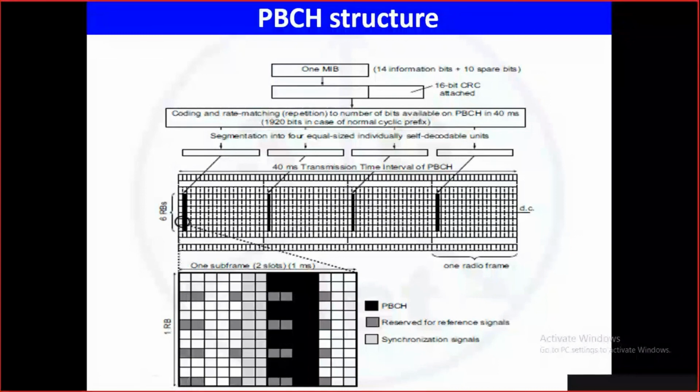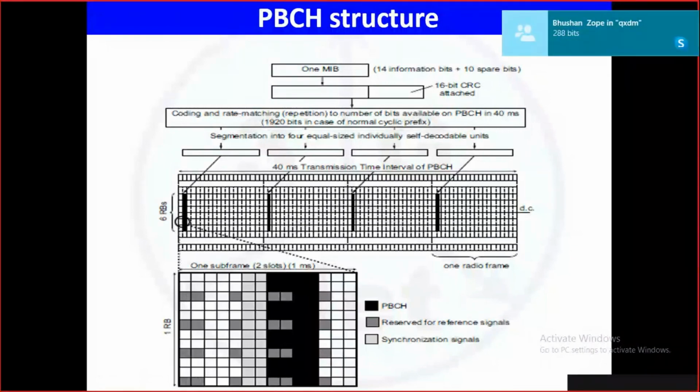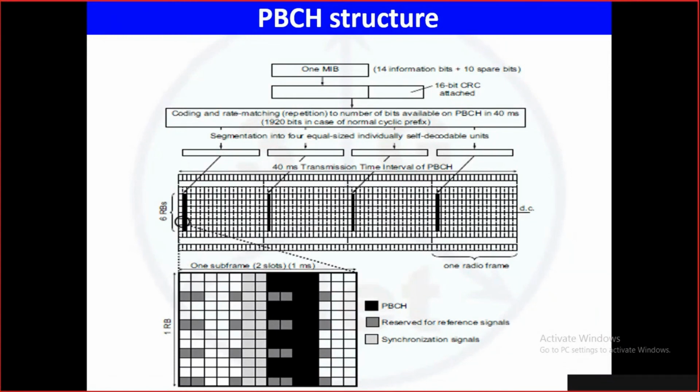So do you have the answer to the question? Your MIB is only 14 bits. Yeah, okay, 288 bits. So in that you have to remove the reference signal bits. How many? 1, 2, 3, 4, 5, 6, 7, 8. And 8 you will have to remove in 1 RB.